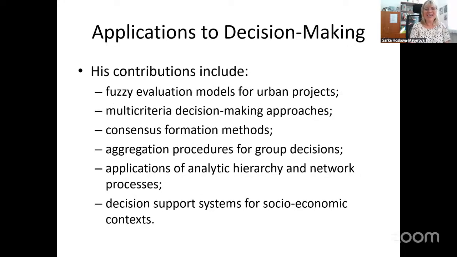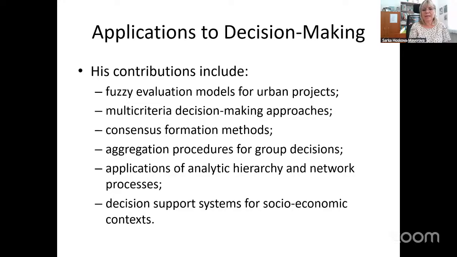Yeah, thank you. Here I prepared what was the main contribution in Antonio's work. It was fuzzy evaluation of models for urban project, as he cooperated with a colleague who was, or still is, an architect.